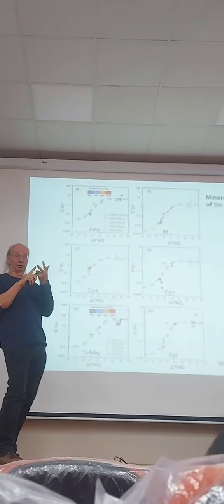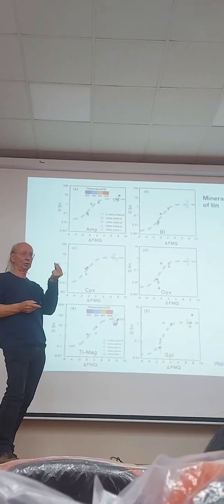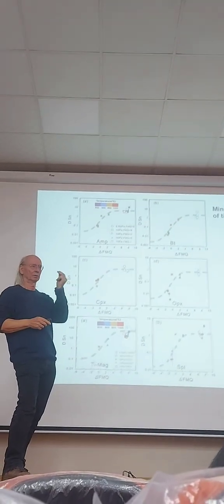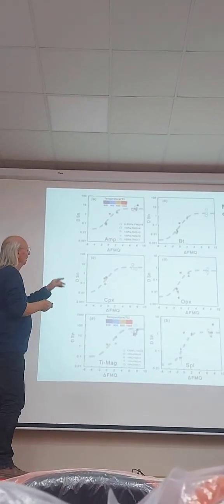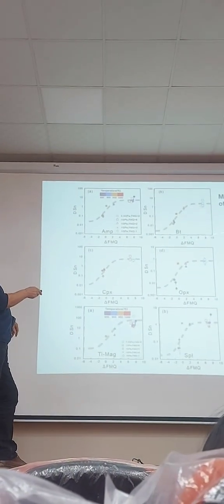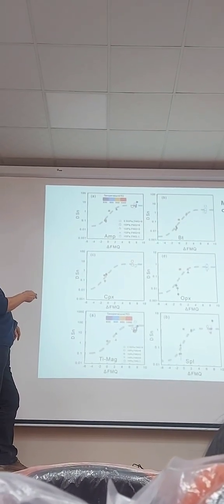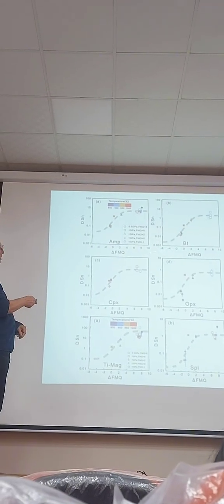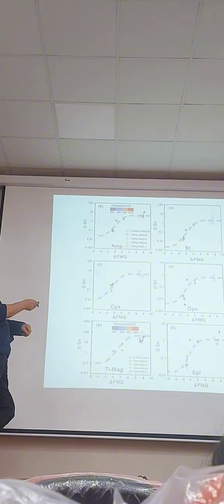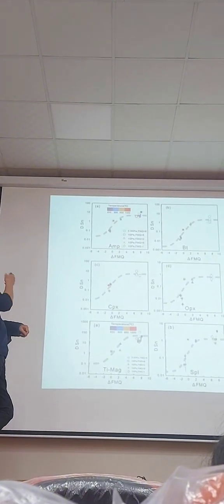It's the equilibrium between fayalite, magnetite, and quartz. If these three minerals occur together, then the oxidation state of the melt is fixed. And if it's more oxic, then we move here to the right-hand side. If it's less oxic, we move to the left side. So this is reduced melts, and this is oxic melts.